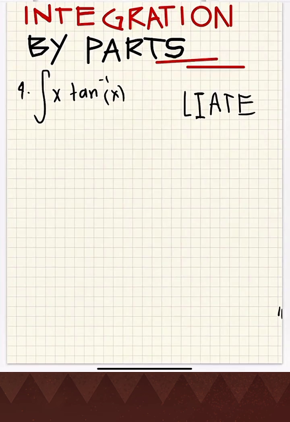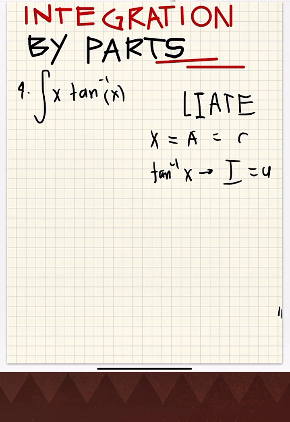Number 4, which is the integral of x multiplied by arctangent x. Here, our x is algebraic, and the arctangent x is inverse. So whose comes first? The inverse. So this will be our u, and this will be our dv.